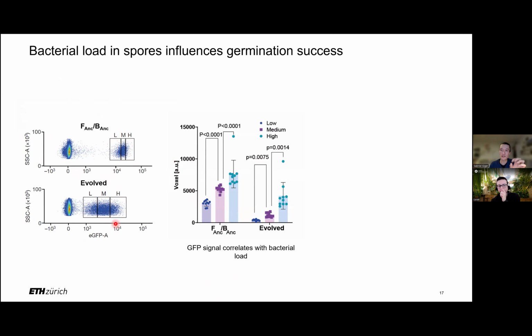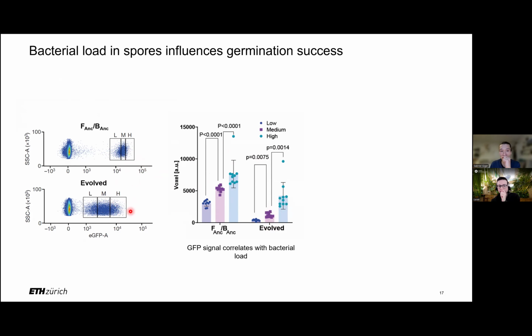We figured that less bright meant fewer bacteria inside, so we analyzed 3D image stacks of these spores, and we saw that yes, this decreased intensity correlated to a lower volume of bacteria inside the spores.